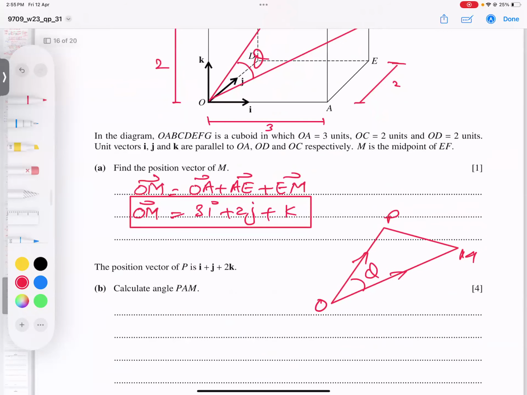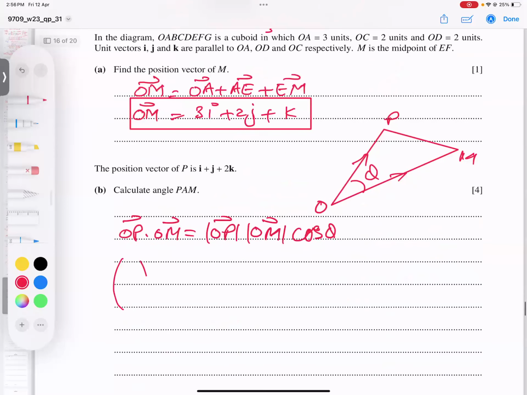And what's the formula, student, in this kind of thing? OP dot OM equals OP magnitude into OM magnitude into cos of the angle between them. So this is a basic formula. I'm writing OP here, OM here, magnitude of OP, magnitude of OM, and cos theta.